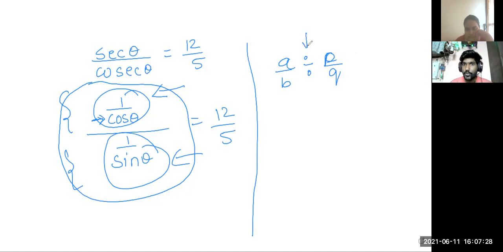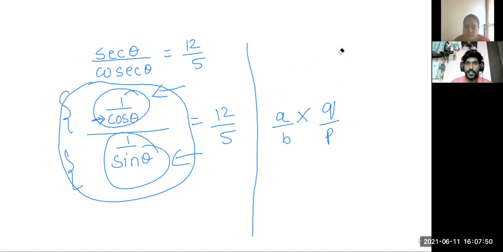Then you have to convert this division sign into multiplication sign. Whichever fraction is second, multiply its reciprocal. So this will change to its reciprocal. So it becomes Q upon P. You know this property, right? Yes. Now this same property we will use here to solve because it is fraction upon fraction.